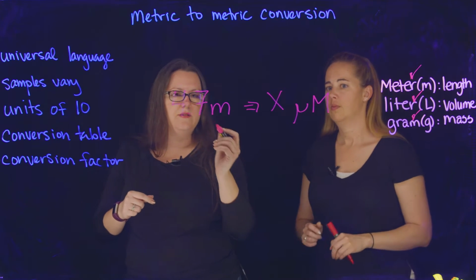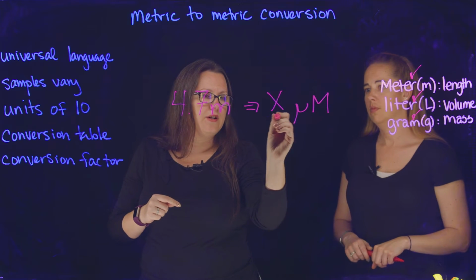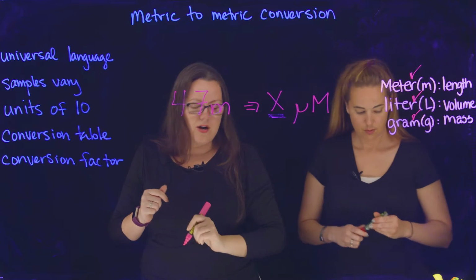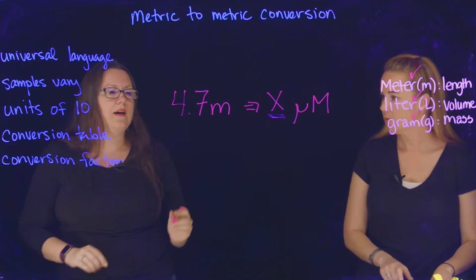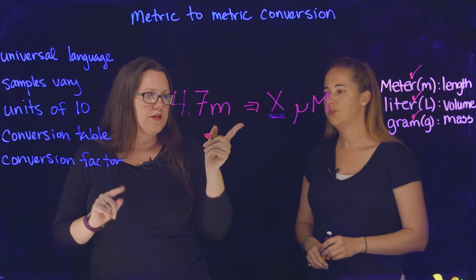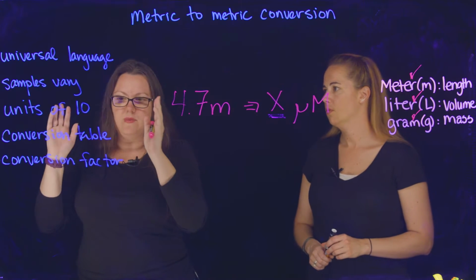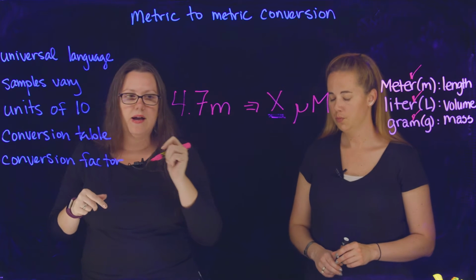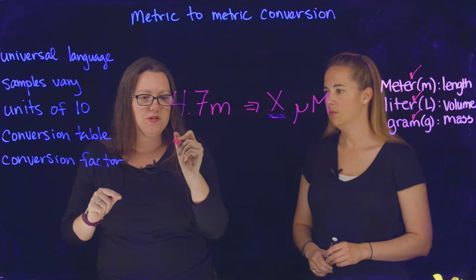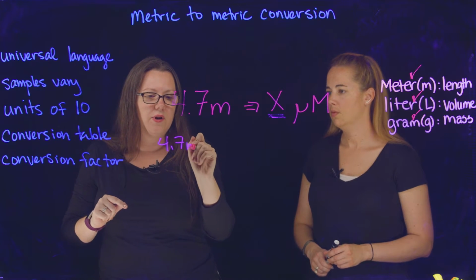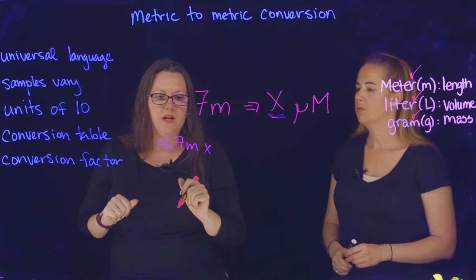So I'm starting with 4.7 meters, and I have to figure out how many micrometers is the same as 4.7 meters. To do this, I can look back to my conversion table and come back to the idea of conversion factors, because they are going to let me make this calculation.